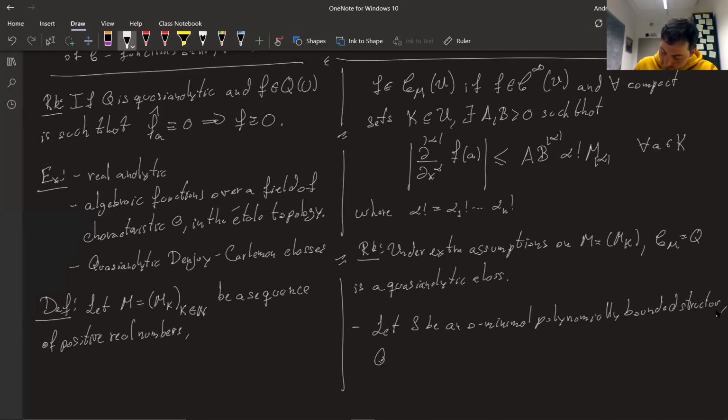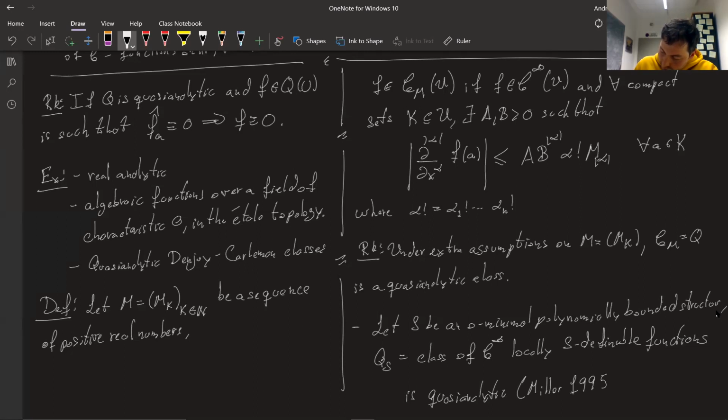Then we take the class Q of F, the class of C-infinity locally definable functions. It is quasianalytic, and this follows from a result of Chris Miller from 1995.